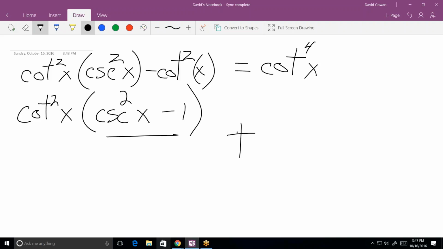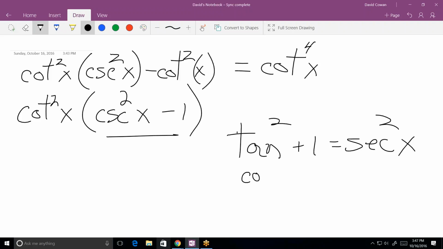I'm a real proponent that if you always look up stuff, you never end up memorizing them. So that's the tangent Pythagorean identity. Well, the cotangent one is very similar looking, only it's the cofunctions. So it's cosecant.